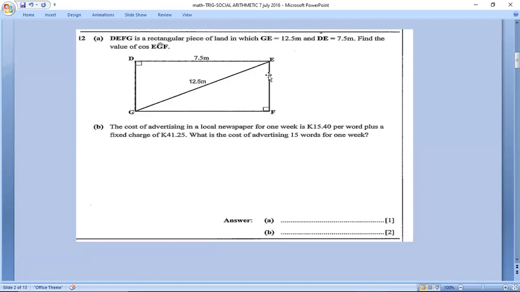So if you like, you can always say the opposite is always equal to the hypotenuse multiplied by the sine, while the adjacent is always equal to the hypotenuse multiplied by the cosine of this angle.